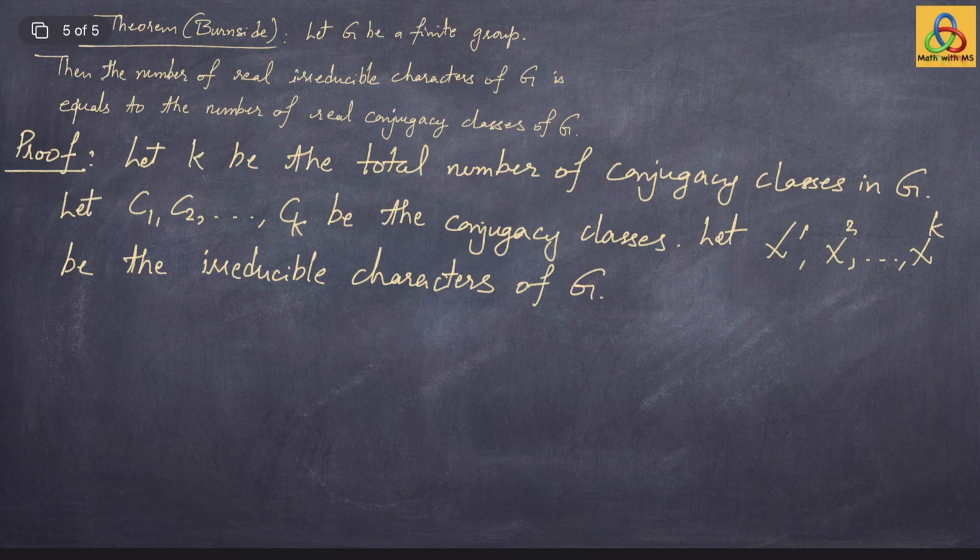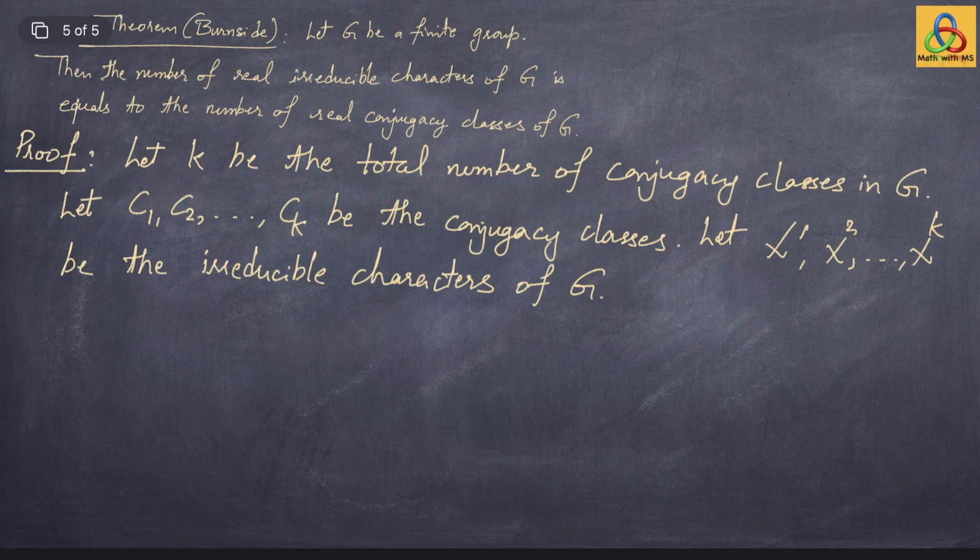Similarly, if you take any irreducible character chi i and take its complex conjugate chi i bar, it's again an irreducible character. In fact it is the character of the complex conjugate of the representation giving the original character. So we have these two operations, one on the set of conjugacy classes and the other on the set of all irreducible characters of the group G.